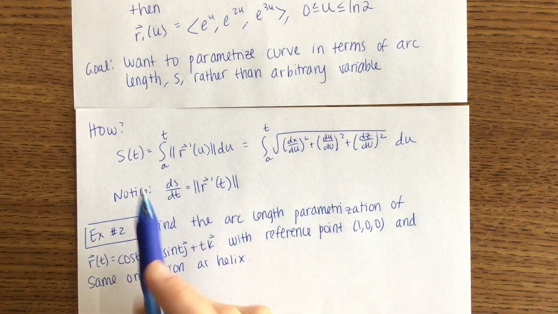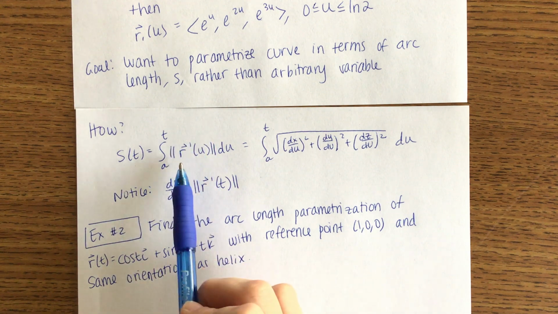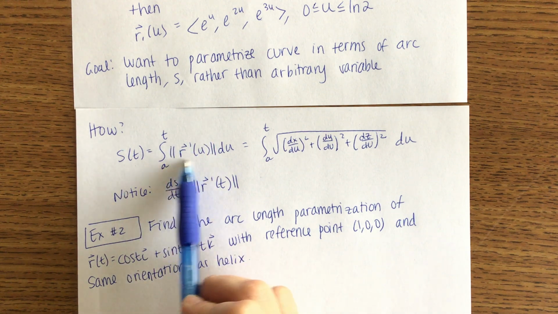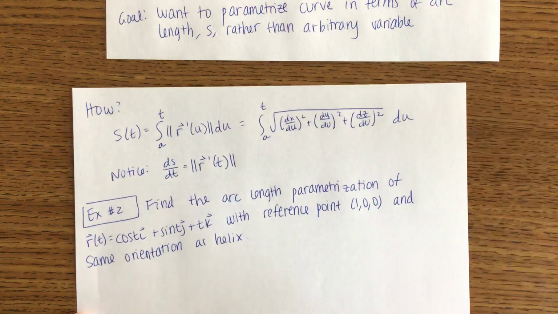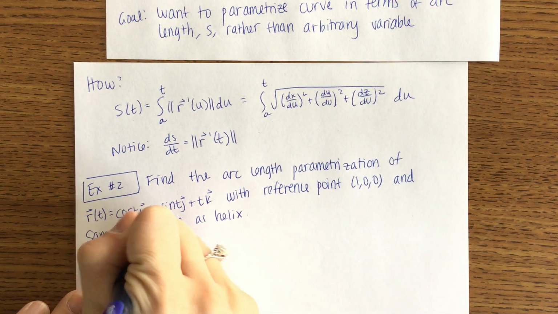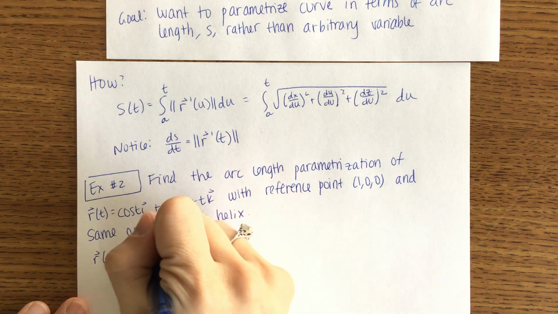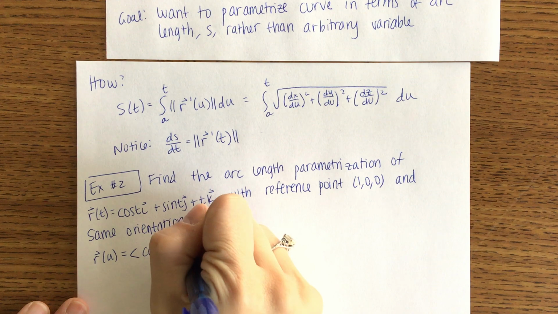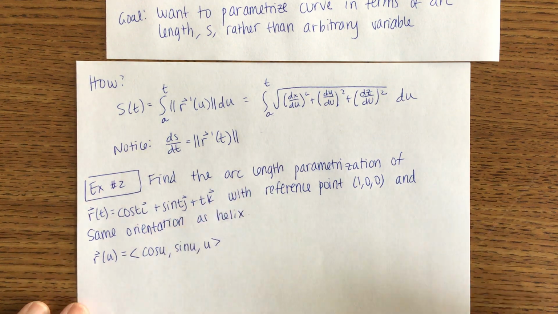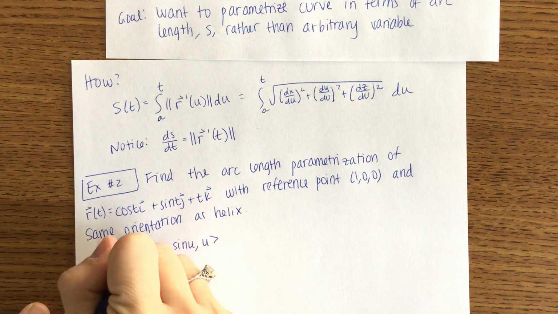Okay. So first thing we're going to have to do is find s of t, s as a function of t. We're going to need to integrate the norm of r prime of u. So the first thing that's helpful is to write r of u. All you're doing is calling t and u the same thing. So that's going to be cosine of u, sine of u, u. We're then going to take the derivative.